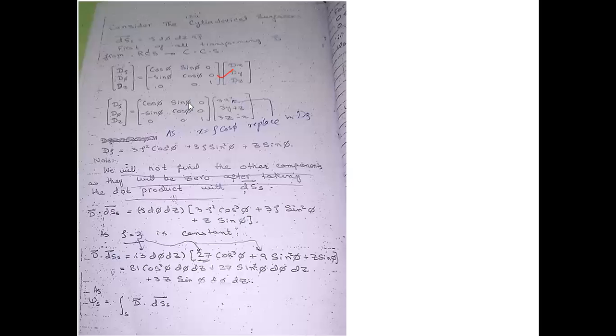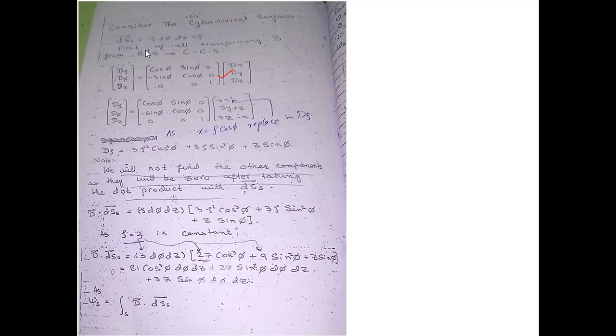Now for surface 3, dS3, this is actually the curvy surface, because it is in the direction of a rho. So actually this is D dot dS. Now D is in the rectangular coordinate system, while dS is in the cylindrical coordinate system, so cylindrical and rectangular components cannot be dot producted.